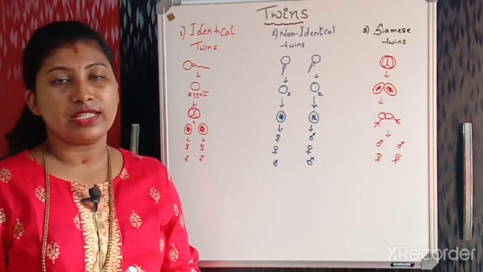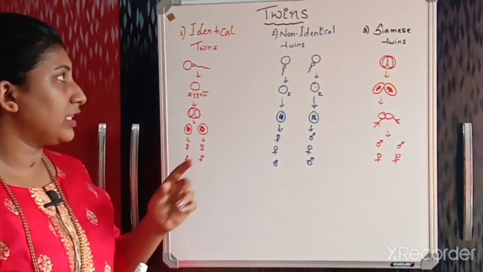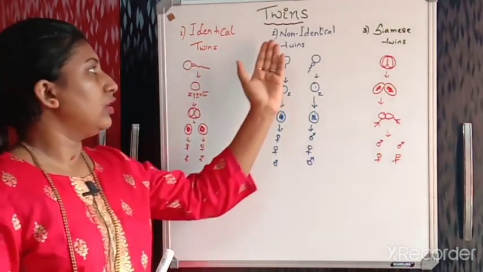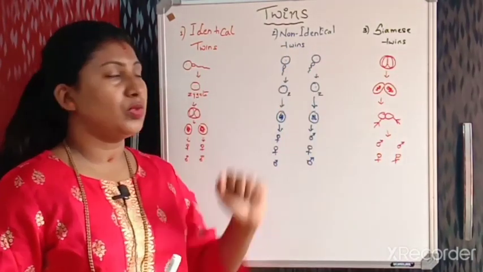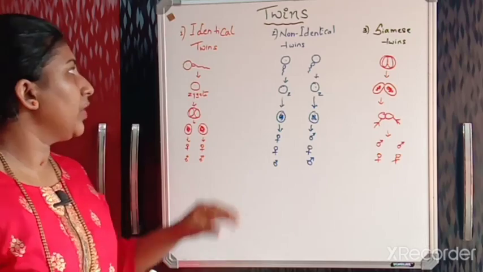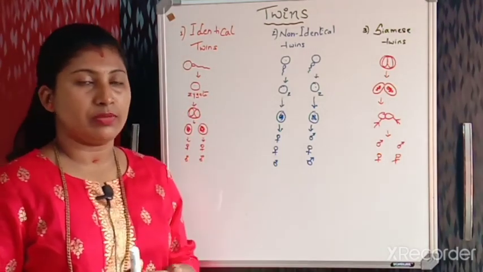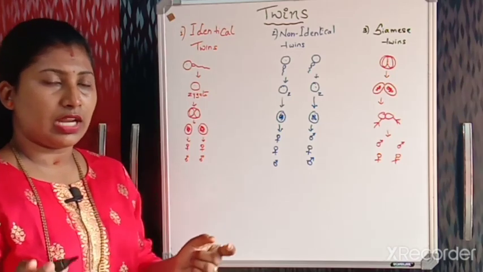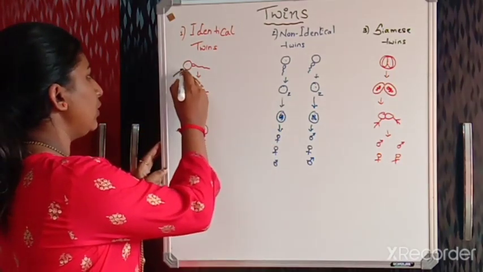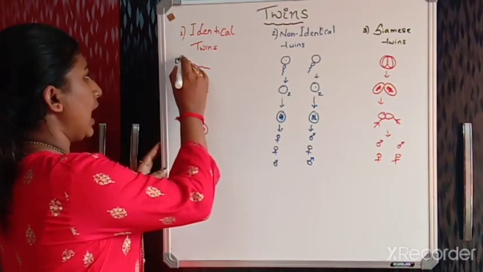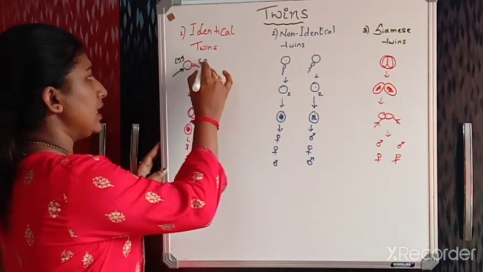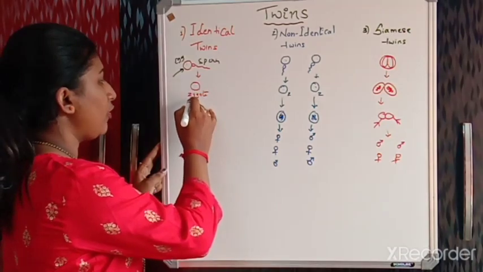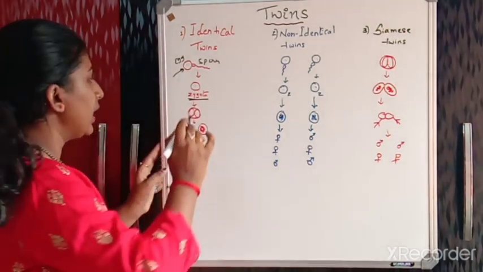In the case of twins, there are actually three different types of twins: identical twins, non-identical twins, and the third one is Siamese. In identical twins, a single egg will be released and it is fertilized by a single sperm, and then a zygote is formed.